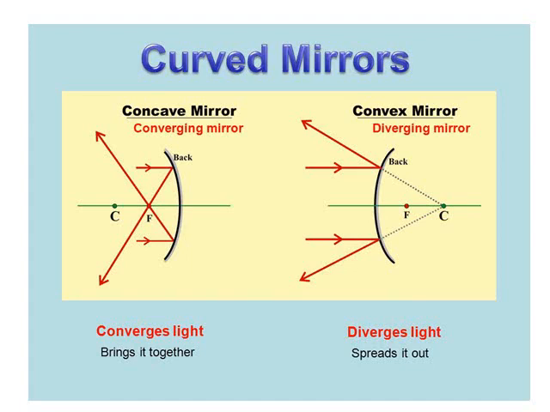But at the same time, when parallel rays fall on the surface of the convex mirror, they get diverged and they seem to converge on the other side of the mirror. So since they are diverging light, it is known as the diverging mirror.